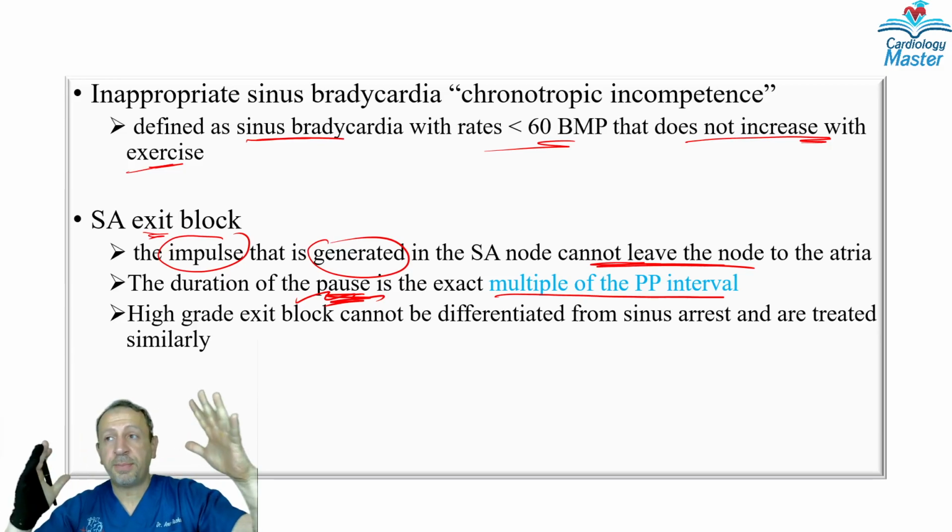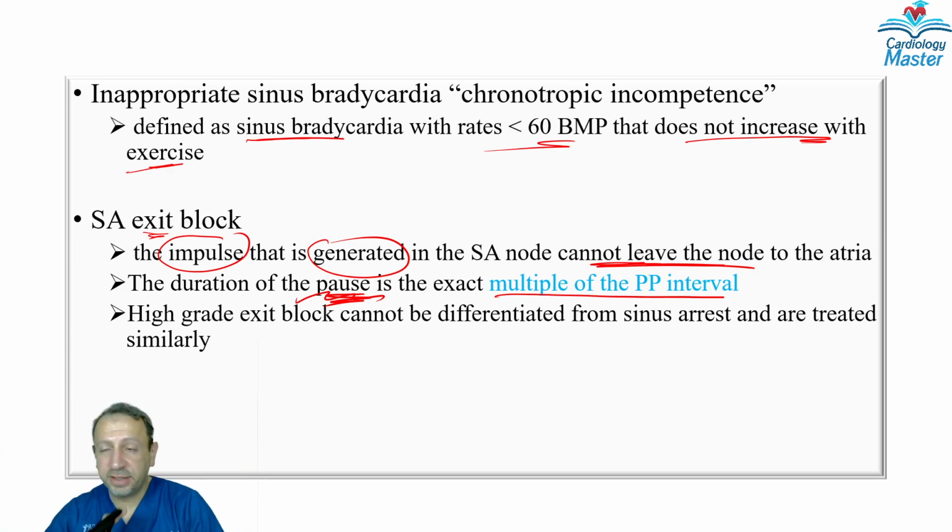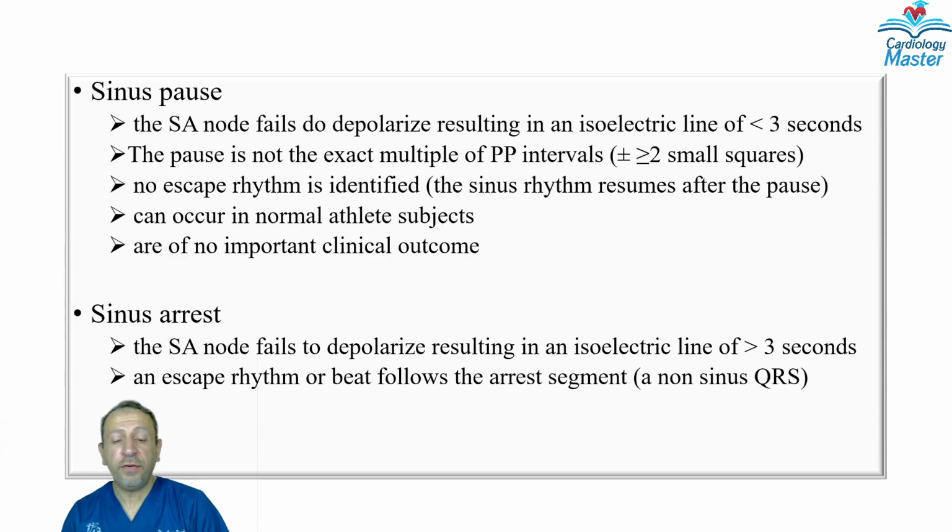You can understand that there is an impulse. It has been generated, but it did not leave the SA node, resulting in a pause that is the exact number of the PP interval, which is different than the sinus pause.